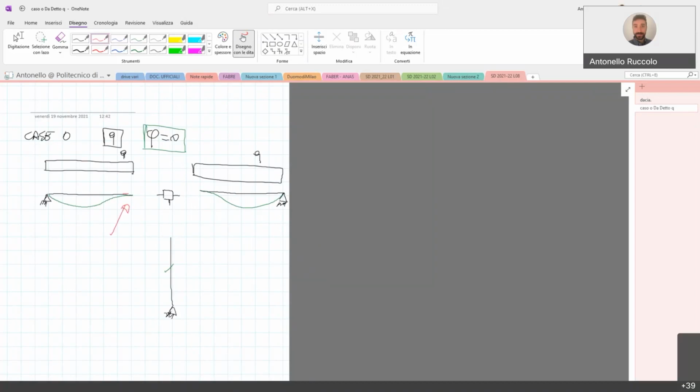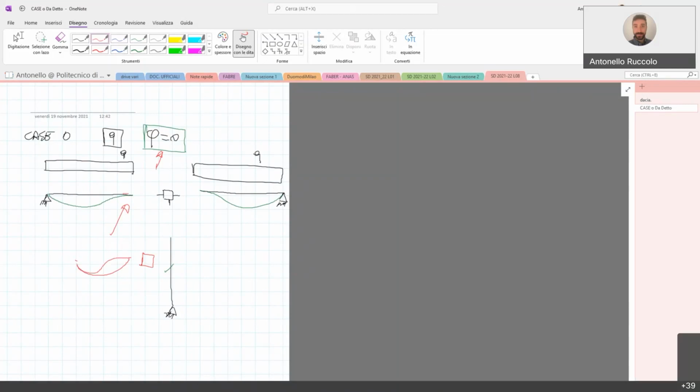We see that the beam would tend to deform like this, but the presence of this condition makes the deformation like this.